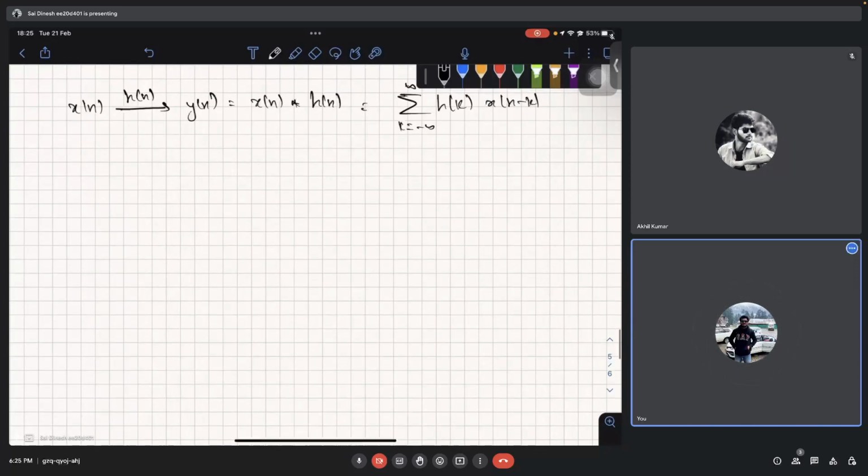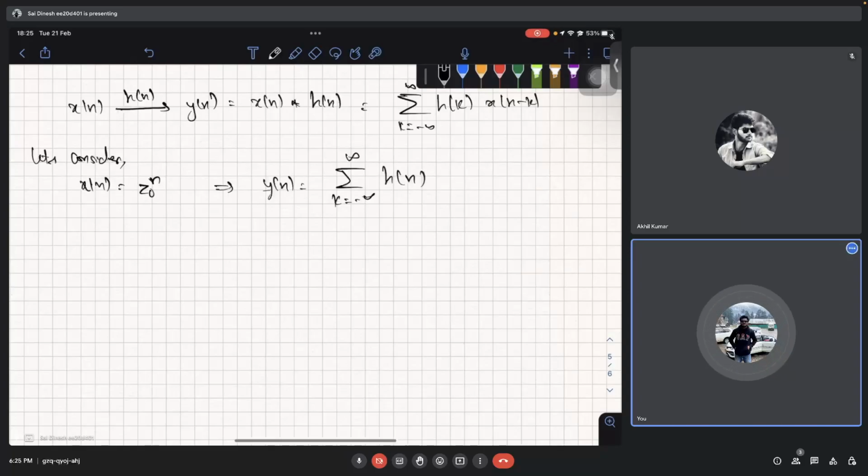But let's consider a signal of the form x of n is equal to some z naught power n, which implies y of n is the sum over k from minus infinity to infinity of h of k z naught power n minus k, which implies z naught power n times the sum over k from minus infinity to infinity of h of k z naught power minus k.